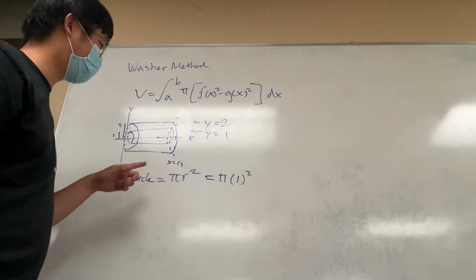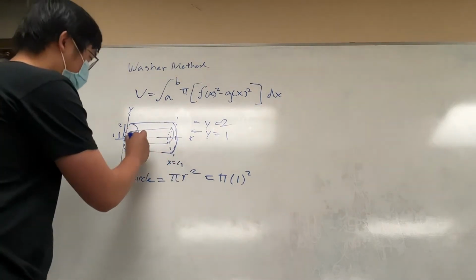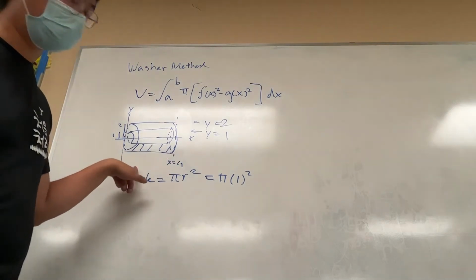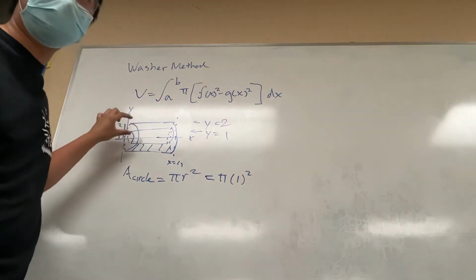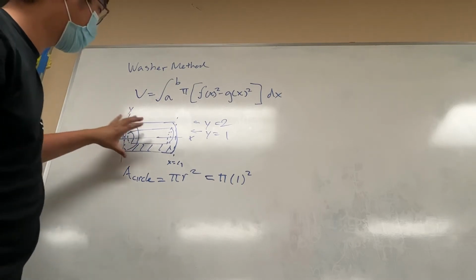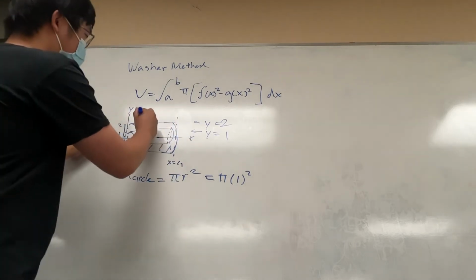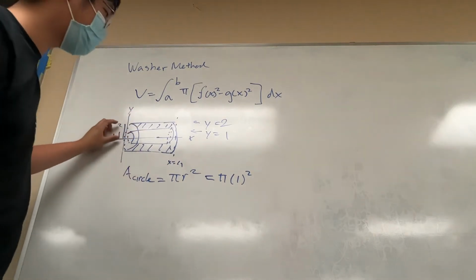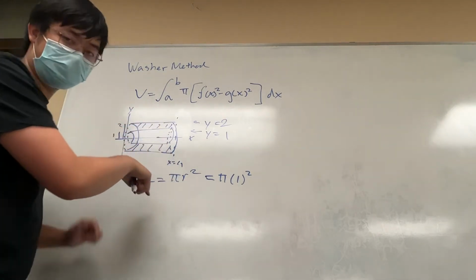So how do we find the area inside of this? Well, that's easy. We just take the big one and subtract the small one, because the small one is empty inside. If the big one is all of the space in it, and the small one is the space taken out of it, we can just do a simple subtraction problem.